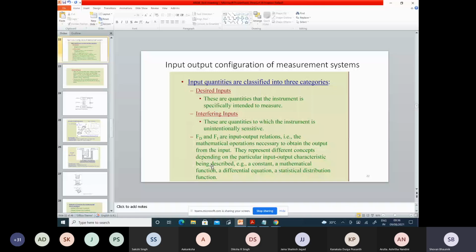So you all know that a transfer function may be a constant, or may be a differential equation, which is generally what happens. It might be a statistical distribution, when there is a stochastic process. When you multiply this transfer function with the input, you will get the output. With the desired input, you will get some output. And there are some inputs which are not desired, which are called interfering inputs. For that also you get some output.